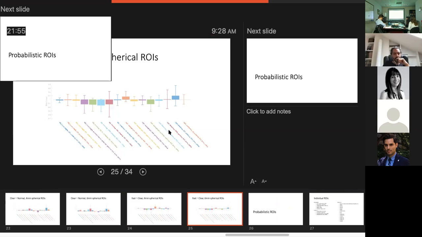I guess they're lower, but the variability is so high that we probably still wouldn't see it. The average across all of these is lower for fast than it is for, say, clear. But maybe on that level, that may be one way to say it's a general reduction in the activation in certain structures.